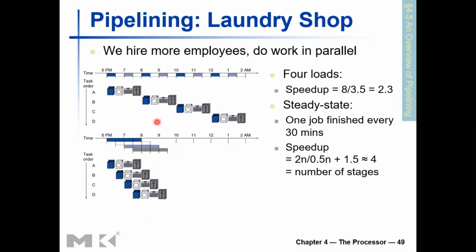One thing to note here is the actual time taken to complete the laundry for a single customer hasn't changed, right? It's still 2 hours here, just like it's 2 hours here. But when we consider the entire workload of multiple customers, we are spending less time. So the performance measure that we use in this scenario is called throughput.